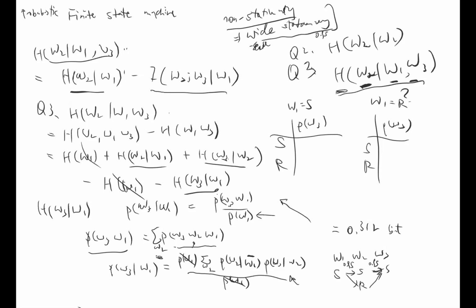So this should be 0.95 squared, plus sunny to rainy, that is 0.05, and then rainy to sunny, it's 0.8, I think. So that is 0.05 times 0.8.